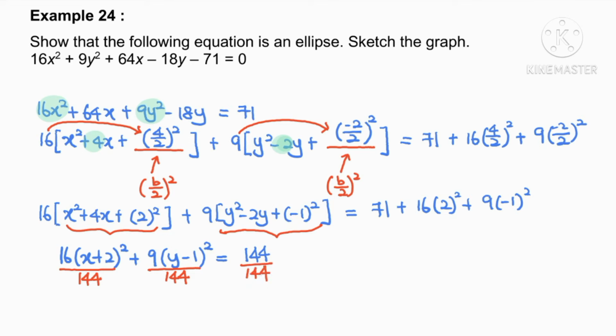So we have x plus 2 squared over 9 plus y minus 1 squared over 16 equal to 1. So here is our equation of an ellipse.